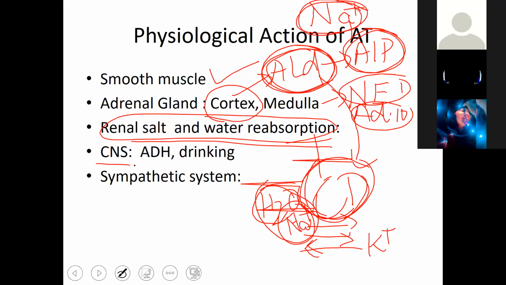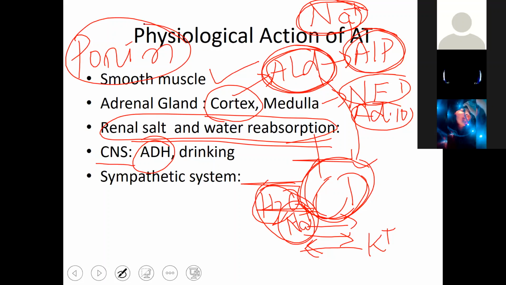You can see in the CNS, it causes release of the antidiuretic hormone. What the antidiuretic hormone will do is incorporate more and more water channels, called aquaporin channels. More and more of these water channels are inserted into the collecting duct and they absorb water into the body irrespective of the water concentration in the body.